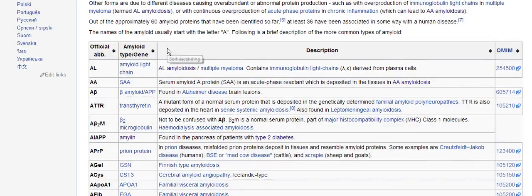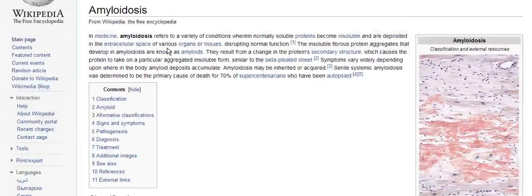We don't really know so much about many of these because for the longest time, well, I'll go back up here, for the longest time people did not really pay much attention to them, with the exception of beta amyloid because of Alzheimer's. But what was found over time, when they started performing autopsies on people who lived to be very, very old, supercentenarians, they discovered that most of these, here it says 70% of supercentenarians, were felled by some form of amyloid.